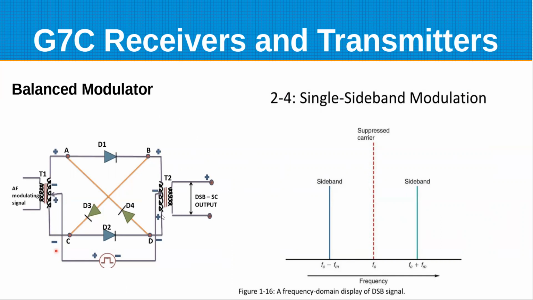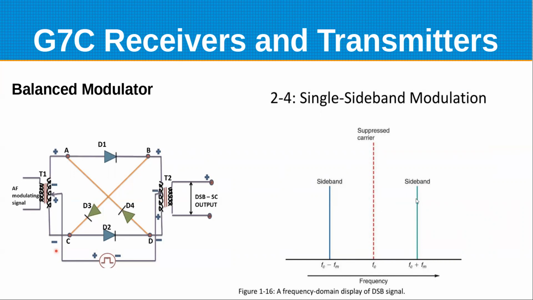Yeah, it's basically a ring diode network between two center-tap transformers, and I won't go through all the details, but that's how it cancels out the carrier so that you just get the two sidebands out. So it's the difference between the modulating frequency and the carrier, either plus or minus.